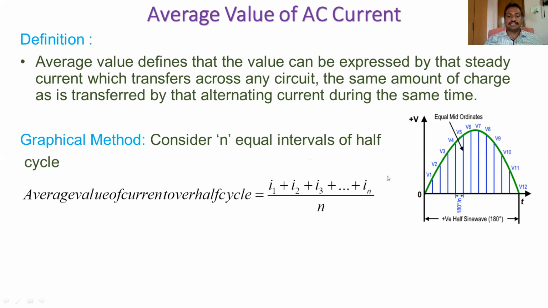The figure shows voltage, but we go for currents also. Average value of current over half cycle is I1 plus I2 plus I3 up to In, divided by n. Similarly, V average is equal to V1 plus V2 plus V3 up to Vn, divided by n.